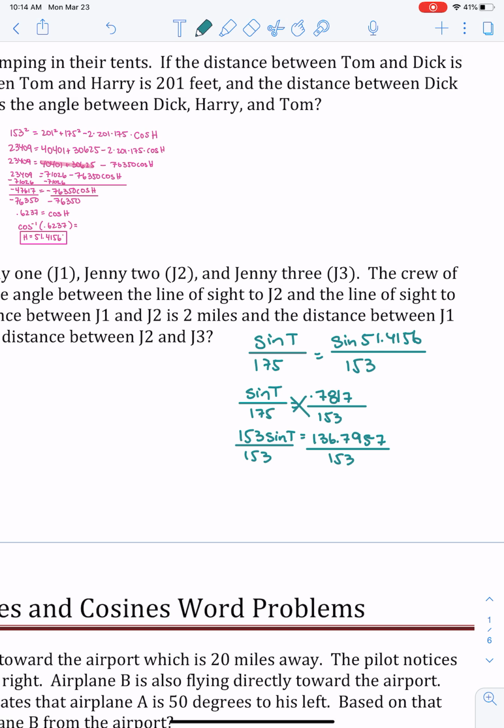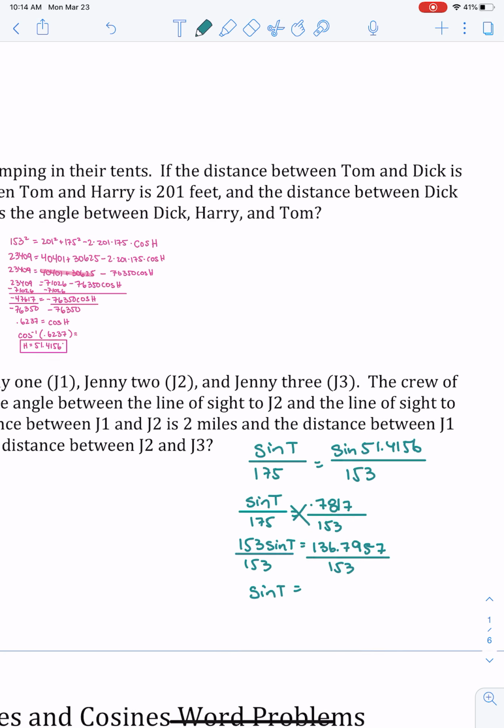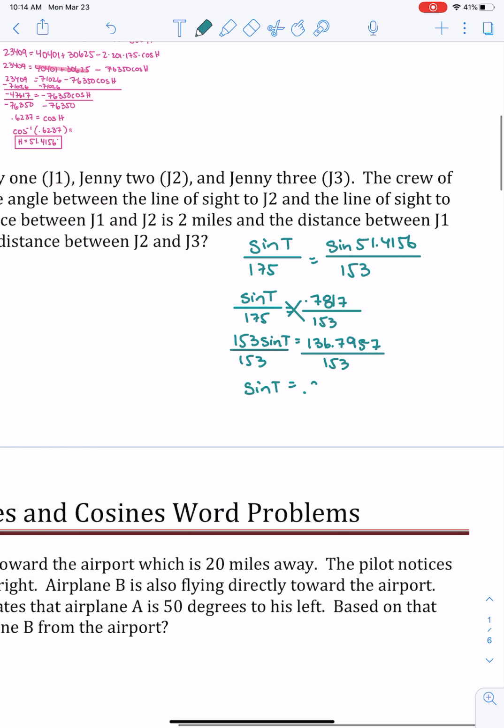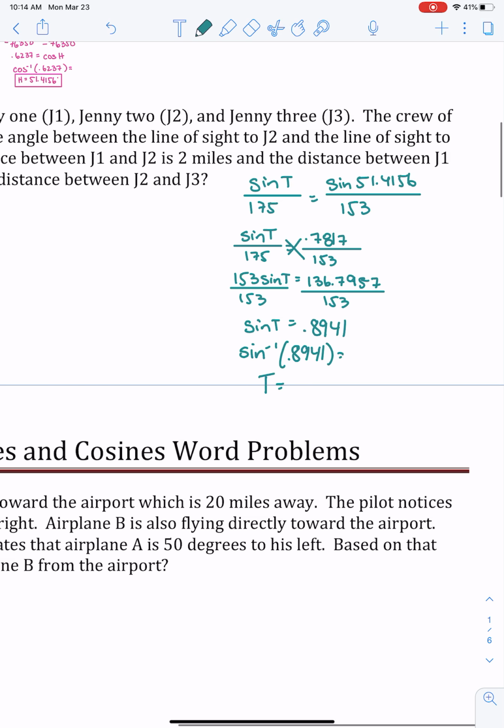That will give me sine t equals 0.8941. Again, don't know what the angle is, so I'm going to use that blue button to go backwards in my calculator so that I can get Tom's angle to be 63.3917. And I have Tom's angle.